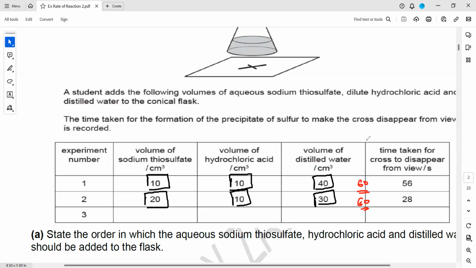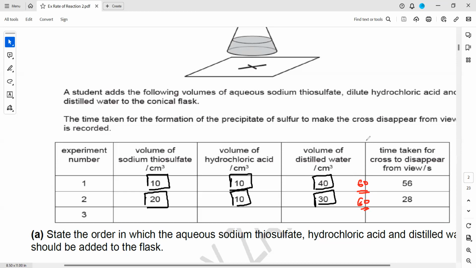Now, why did the student do it like this? Why keep the total volume the same for the experiments?